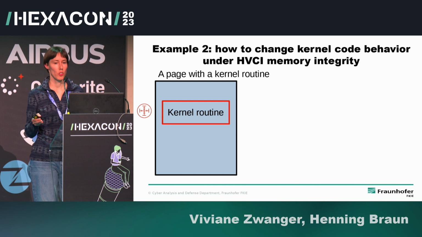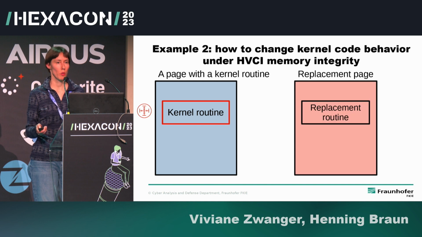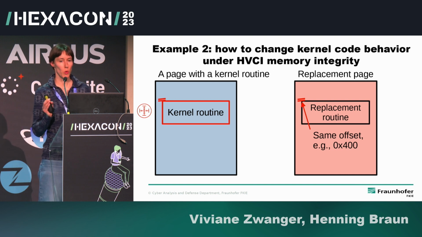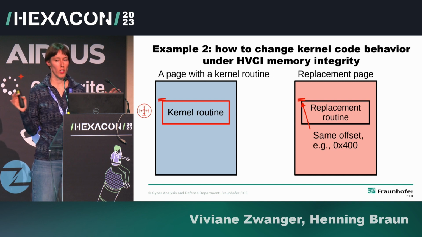So in a more general case, you have a kernel routine and you want to change its behavior, yes? So you need to find some replacement routine, and this replacement routine needs to have the same offset. This is because you basically change full pages.